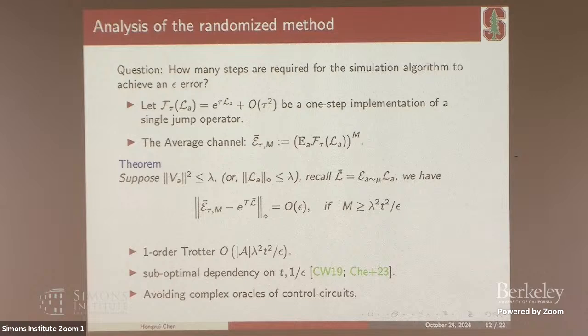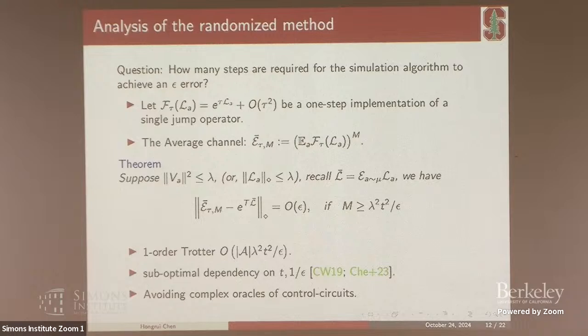And the result is that if we want the error between the average channel and the exact evolution to be at most epsilon, the required number of steps is lambda squared t squared over epsilon. Notably, this does not depend on the number of jump operators.